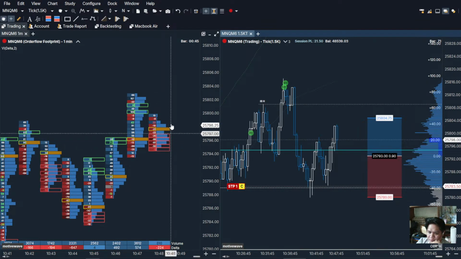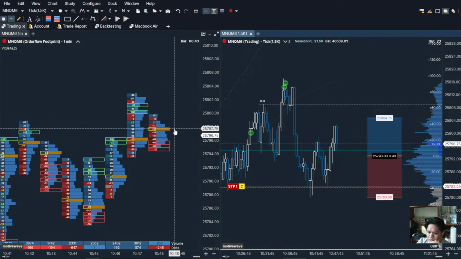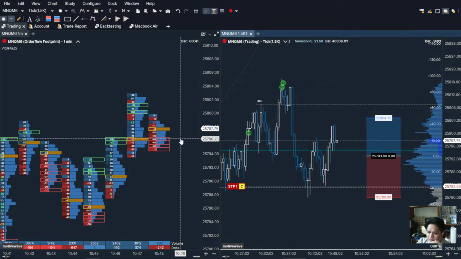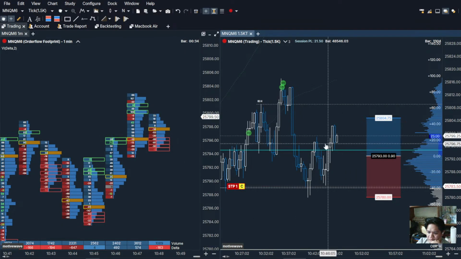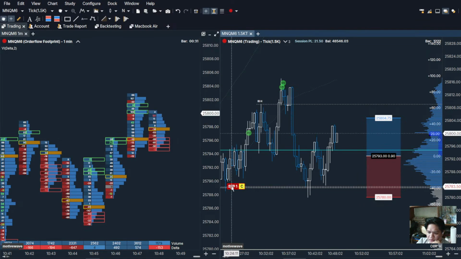Sellers are getting absorbed. Can we push up from here? That could have been a good add, but we're not scaling in with this trade, guys.